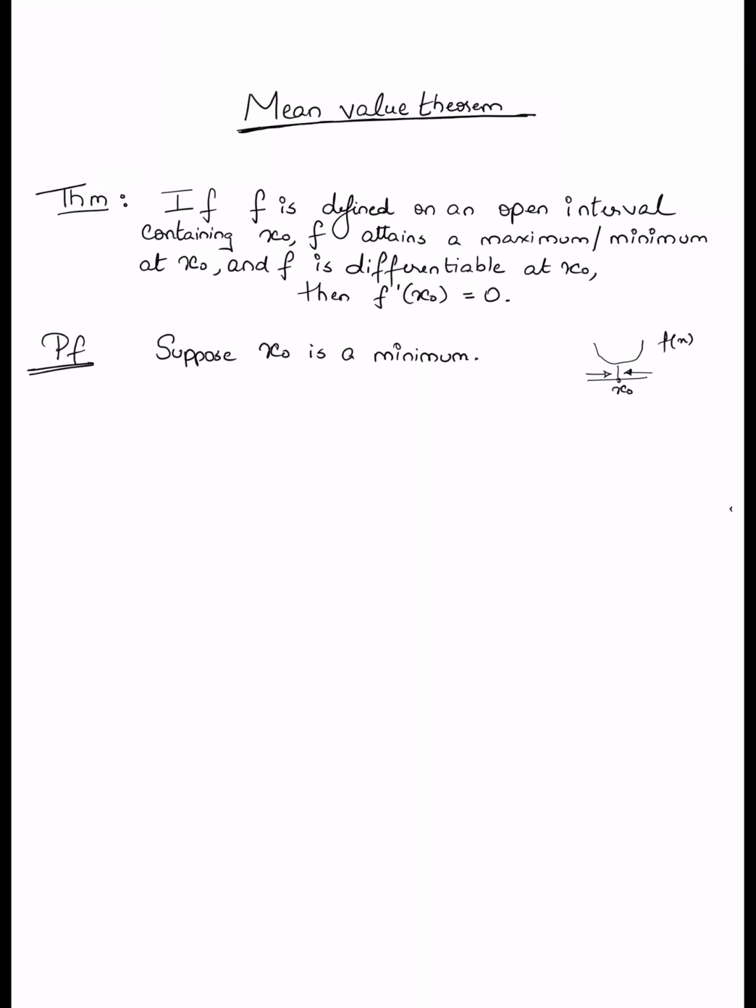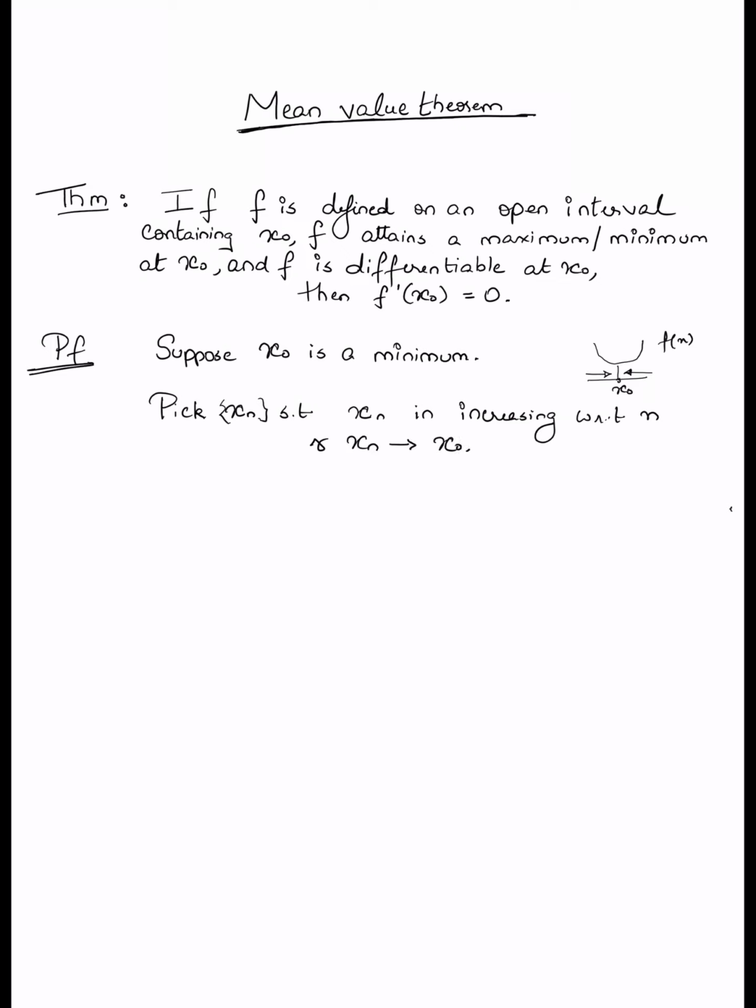So the first step in this is going to be that we pick a sequence xn such that xn is increasing with respect to n, and xn converges to x naught.